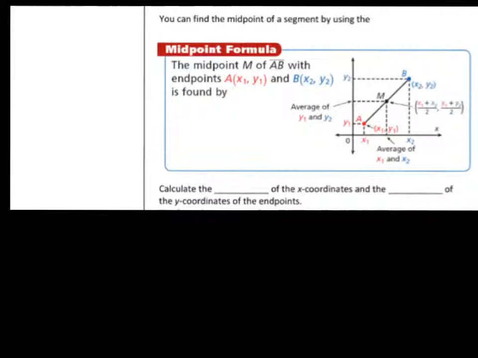You're going to get to flex your Algebra 1 muscles again and do some evaluating expressions. You can find the midpoint of a segment by using the coordinates, which are the ordered pairs, of its endpoints.